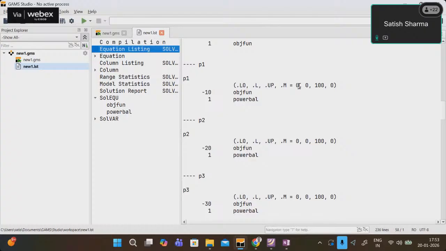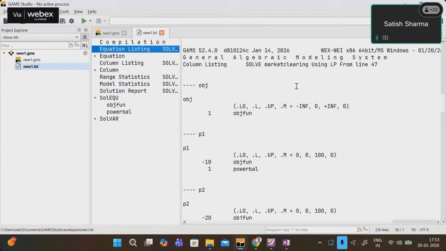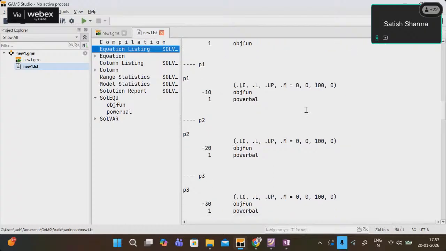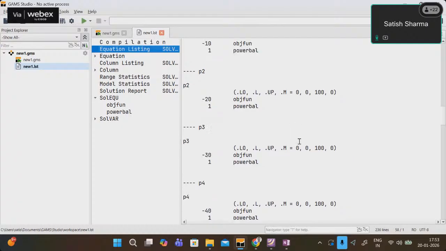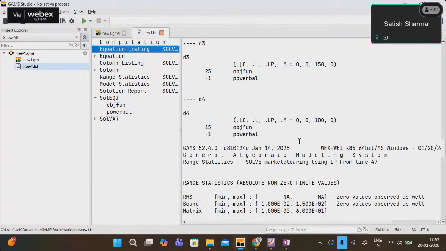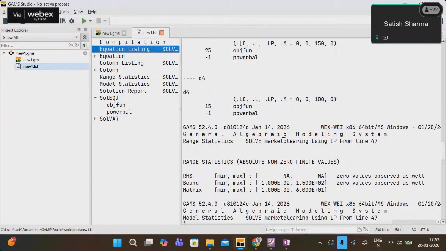Initially it is given, so this is basically initialization, the initial values provided there. Initially it is 0, the upper value is 100, the initial value is 0, but it will come to equal 100. The final solution is 100, but the initial value is 0. So these are the initialization of different variables: lower, actual level, upper value, and marginal value.